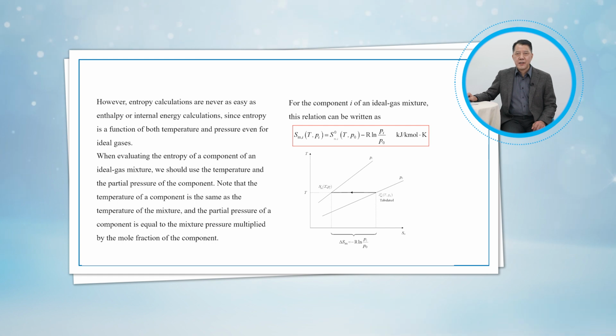Absolute entropy values at pressures other than P0 equals 1 atm for any temperature T can be obtained from the ideal gas entropy change relation written for an imaginary isothermal process between states T, P0, and T, P, as illustrated in the figure.